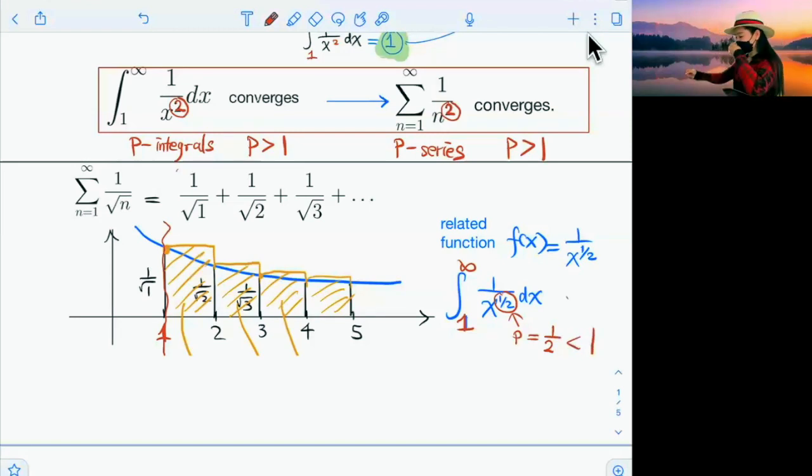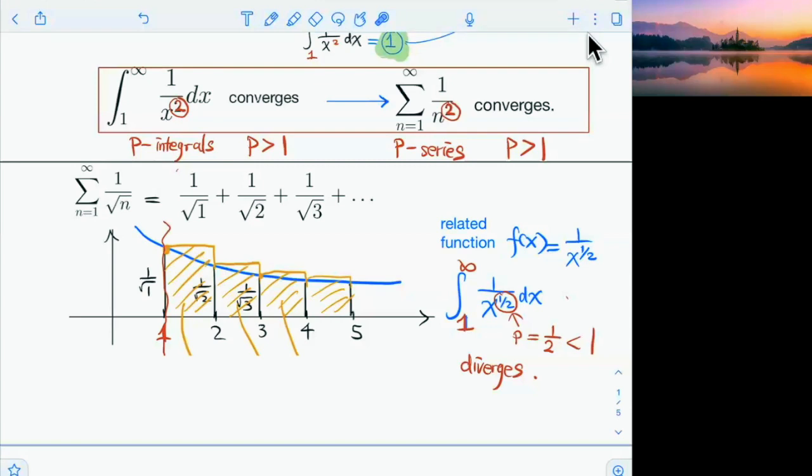Diverges, right? It only converges when P is greater than 1. So this P integral diverges. And this P integral here corresponds to the area under the curve from 1 to infinity. The area under the blue curve. So this is the graph, and x goes from 1 to infinity.